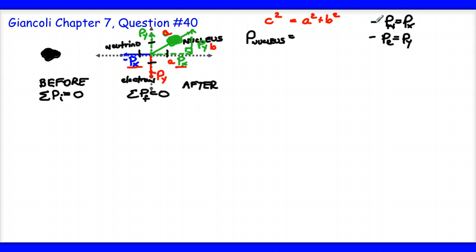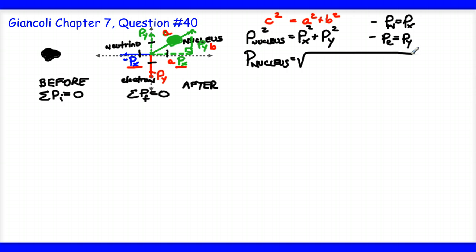Either way, that's equal to the x component of momentum of the nucleus plus the y component of momentum of the nucleus. Let's not forget to square all of these things. So the actual momentum of this nucleus is equal to the square root of the x component and the y component squared.